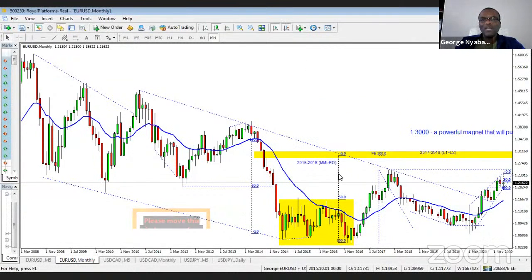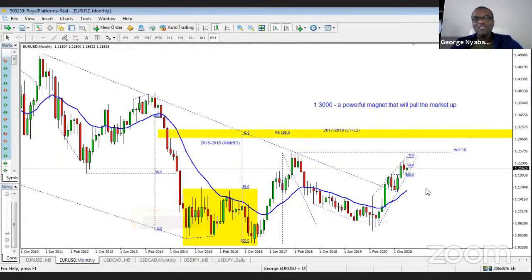And what else would I have to look out for? Because one measured move is good because the market tends to react there. And the reaction is not necessarily a reversal, but the reaction typically would be profit taking at that level.